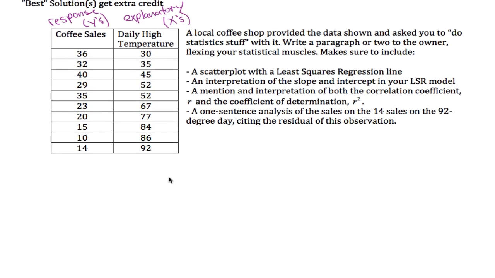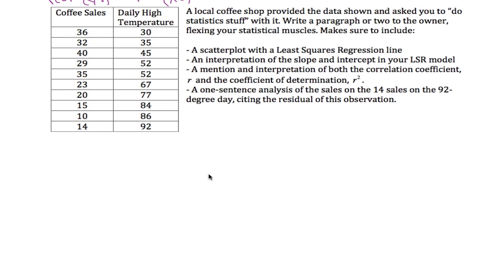And now that we got that out of the way, we can make a scatter plot. On our x-axis, we want to have our explanatory variable, which is temperature in this case. 10, 20, 30, 40, 50, 60, 70, 80, 90, 100. That's probably good enough. Yours might be better looking than mine.